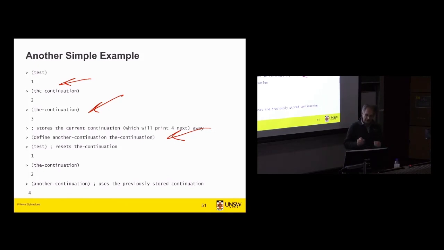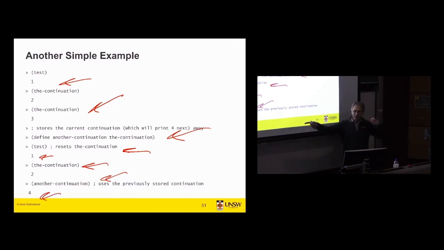Recall test basically sets the continuation variable, or sets I to 0 and stores a new continuation in the continuation. So now, after test returns 1, we can call the continuation for that instance, and we get 2, because basically it's just incrementing. But we've also got this old copy of the continuation lying around with the old state, that if we call that, we'll get 4.